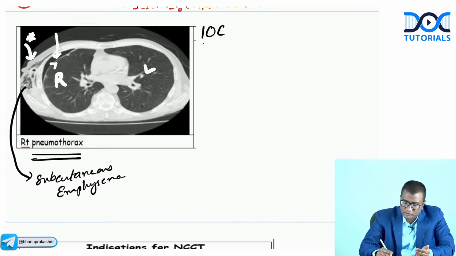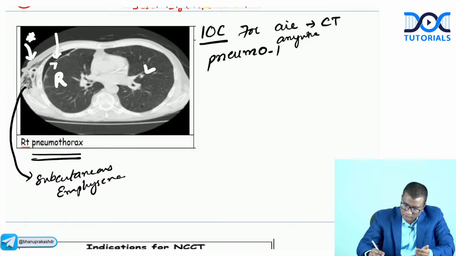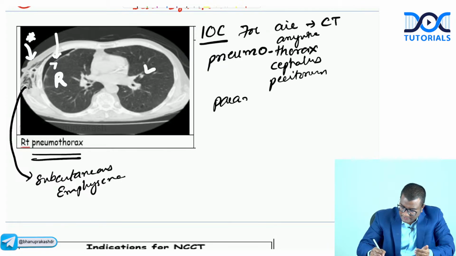Remember, the investigation of choice for air anywhere, for any pneumo, is CT. It can be pneumothorax, pneumocephalus, pneumoperitoneum, paranasal air sinuses, or mastoid air cells.